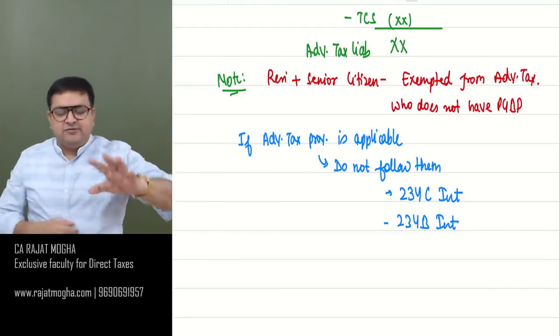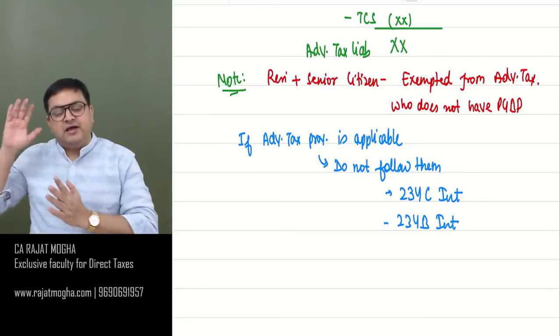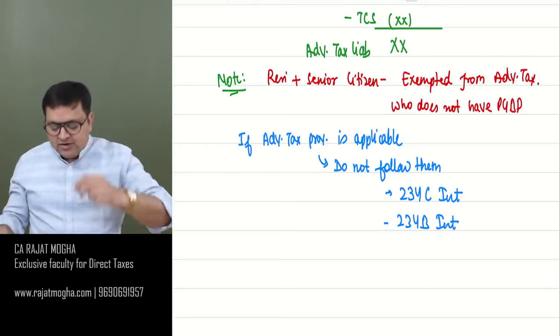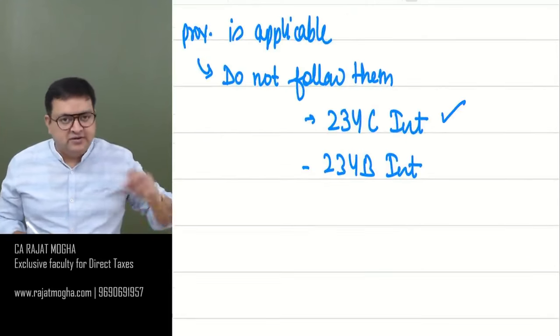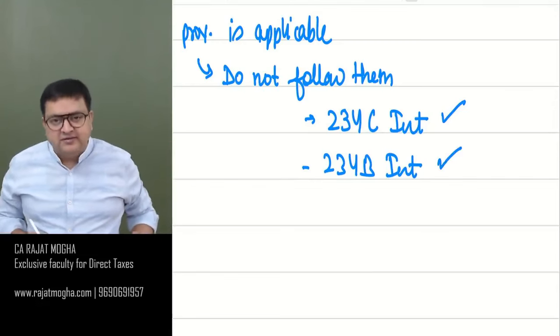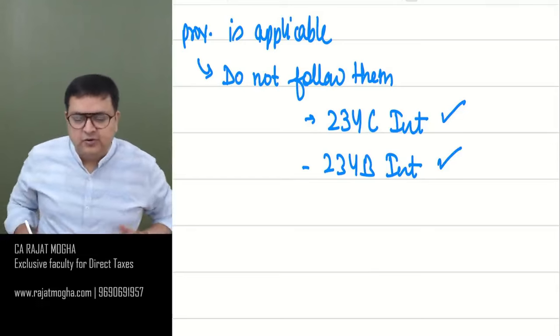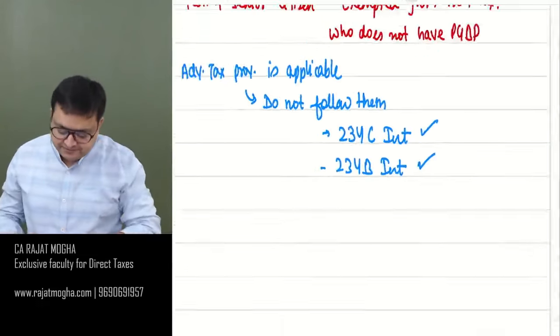Because advance tax provision is applicable on you, just look from the point of view of the assessing officer at how much interest he will ask from you under section 234C and how much interest under section 234B. Correct?